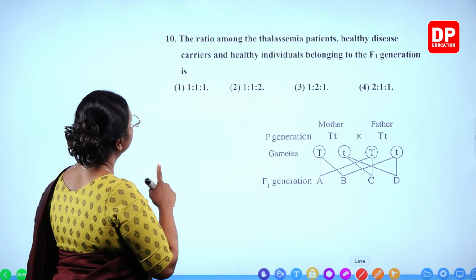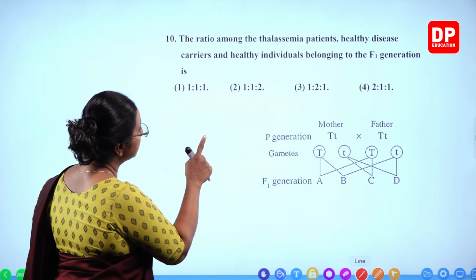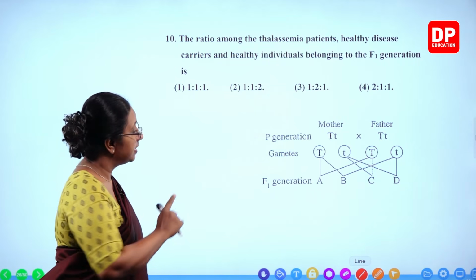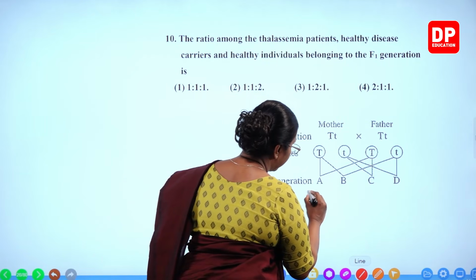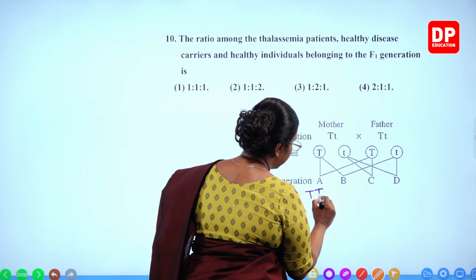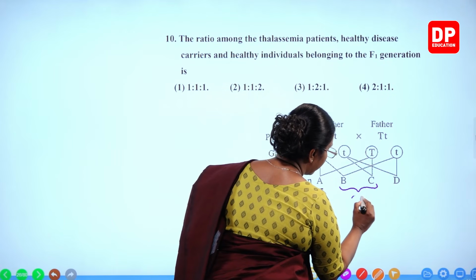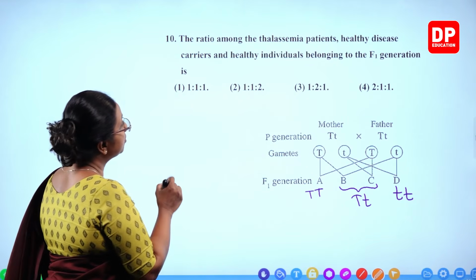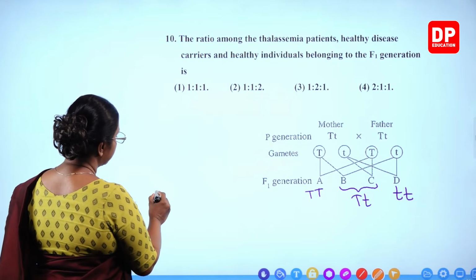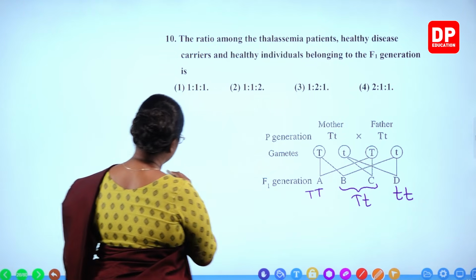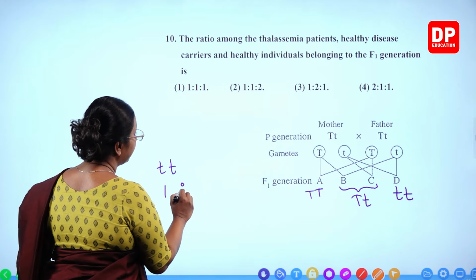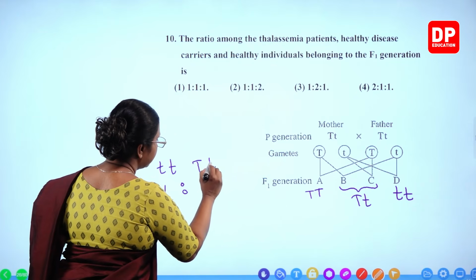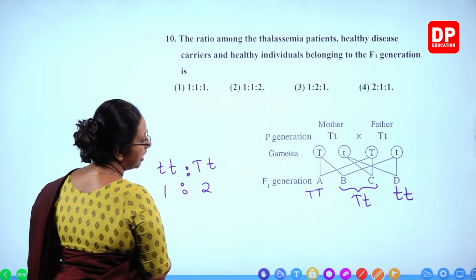You can remember that earlier I wrote it on the previous slide: capital T capital T, two of capital T simple T, and simple T simple T. Thalassemia patients: there is one, simple T simple T. Healthy disease carriers, capital T simple T: there are two.